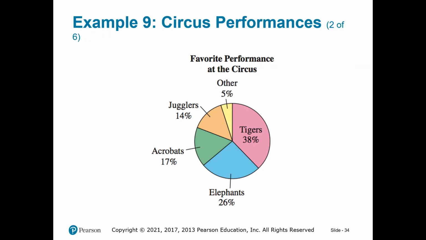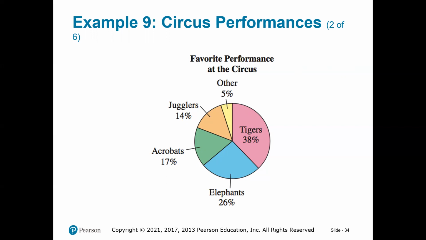This is just another way to represent data. Here it does not tell you how many people were surveyed. We also need to point out that in this survey, people were told to give just one thing that they liked.